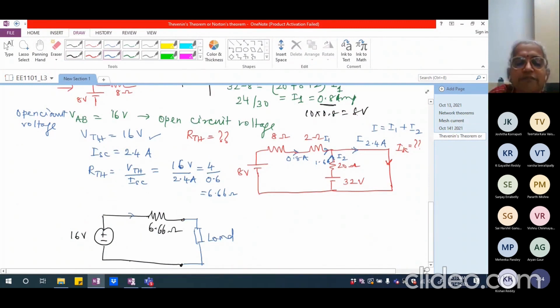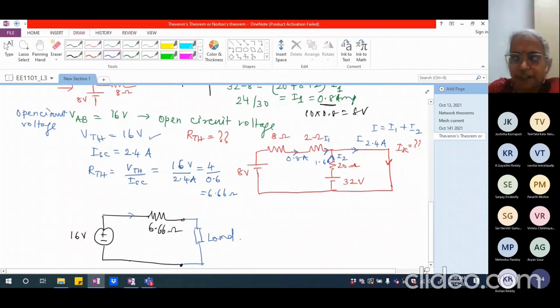All those things will be very easy for me to analyze, especially when different types of loads are being connected to the same terminal, right? I should be able to analyze it with ease. That can be done very easily with Thevenin's equivalent circuit.